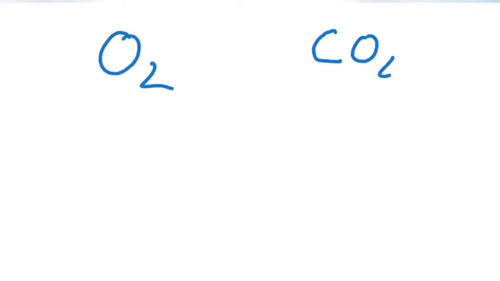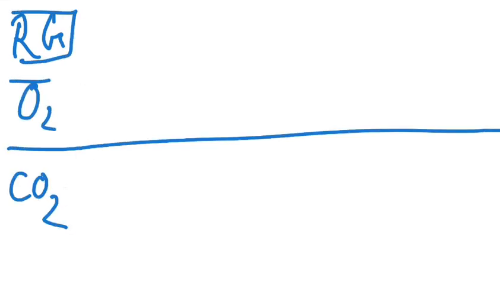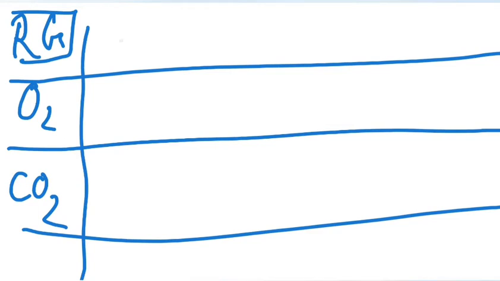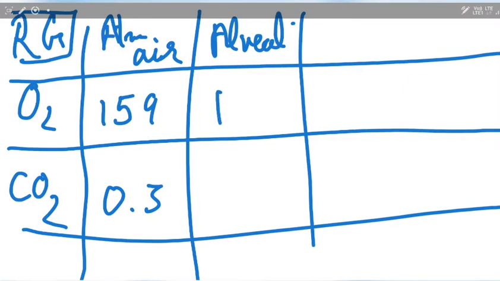The two main gases which we'll be discussing are the respiratory gases O2 and CO2. Now let's see their partial pressure at various sites. Rg means respiratory gas, O2 and CO2. In the atmospheric air, O2 has a partial pressure of 159 and CO2 of 0.3 mm Hg respectively.